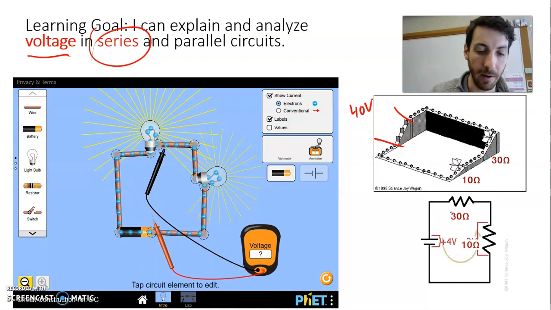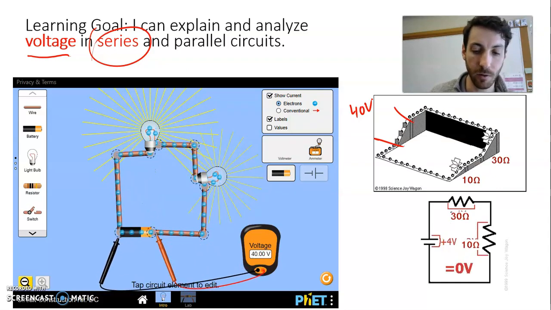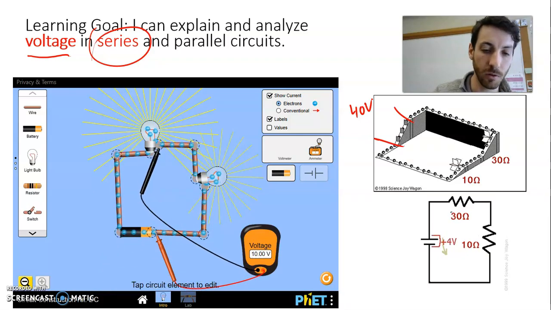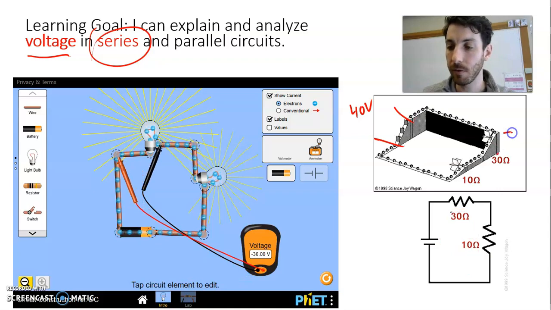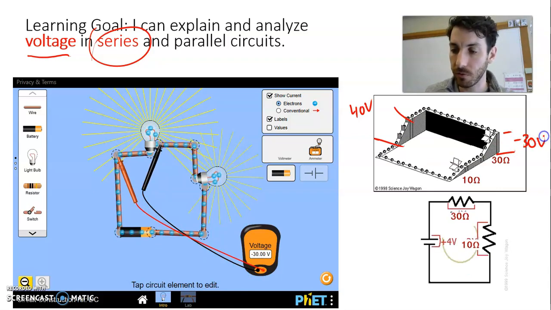So again, across the battery, we have 40 volts. Across our first light bulb, we have negative 30 volts.